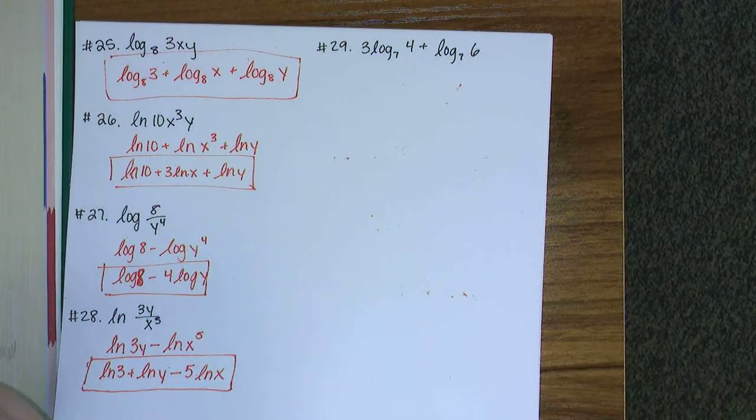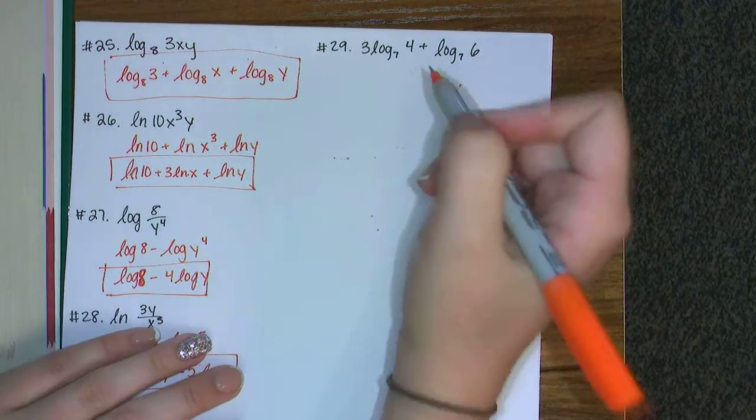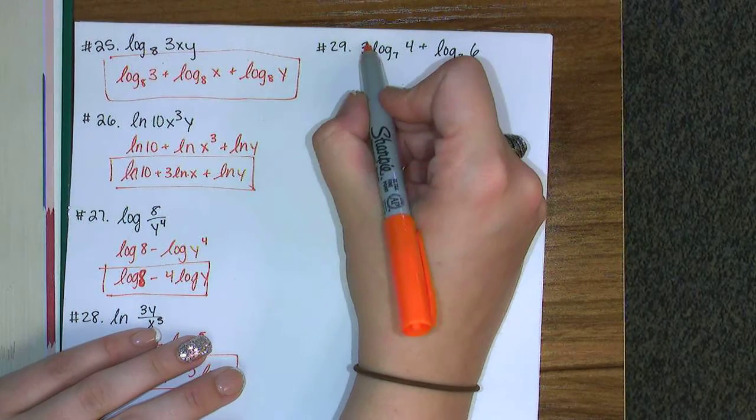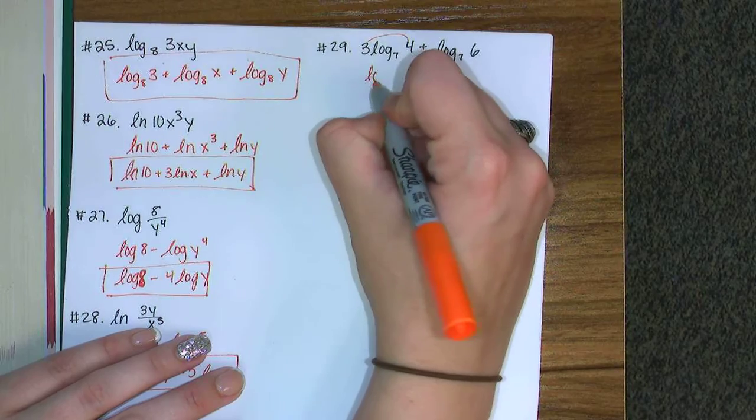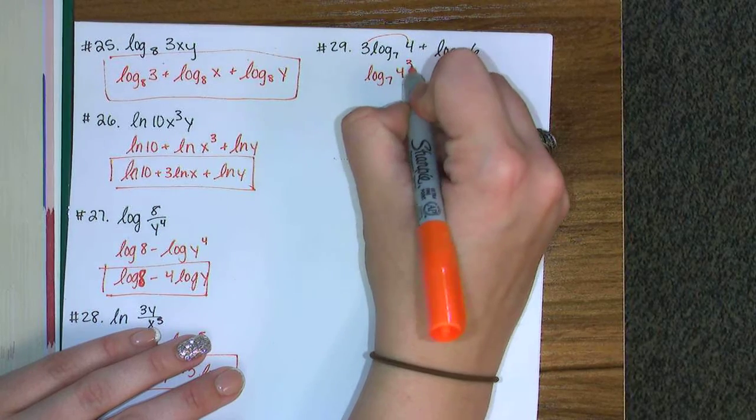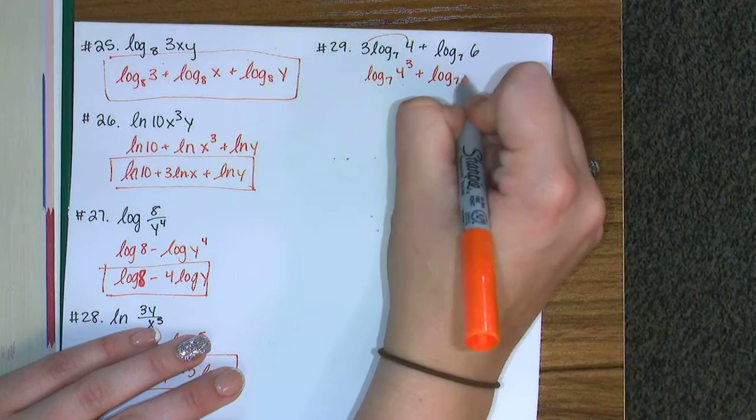Alright, I recommend you do this step by step, so you don't lose stuff or get confused. So I would throw this power back up here, so log base 7 of 4 cubed plus log base 7 of 6.